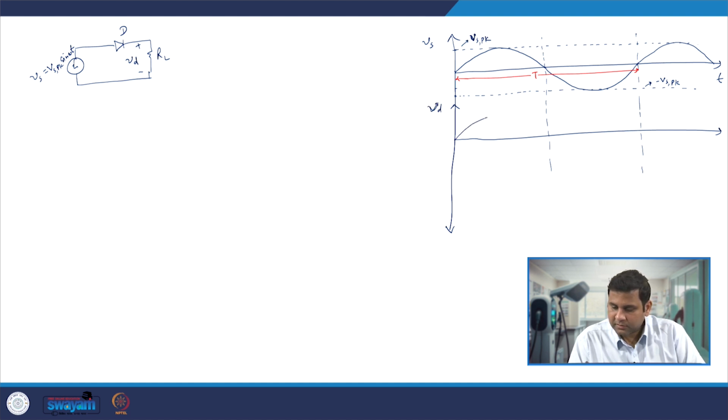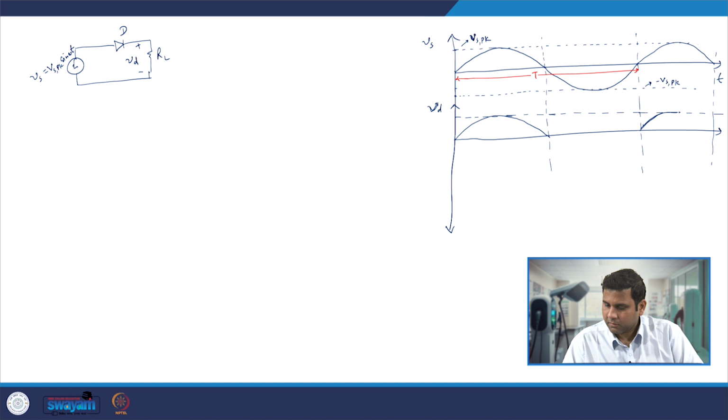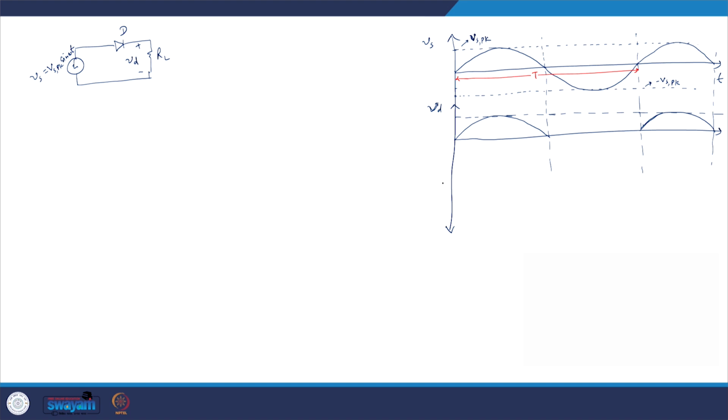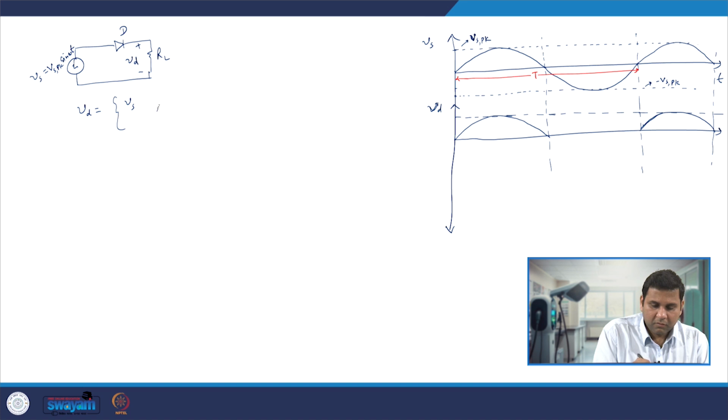Since the diode gets forward biased, what you will see is that you have a voltage Vd which follows the same pattern as Vs, the voltage source. So, we can say that Vd is equal to Vs when Vs is greater than 0 and it is 0 when Vs is less than 0.